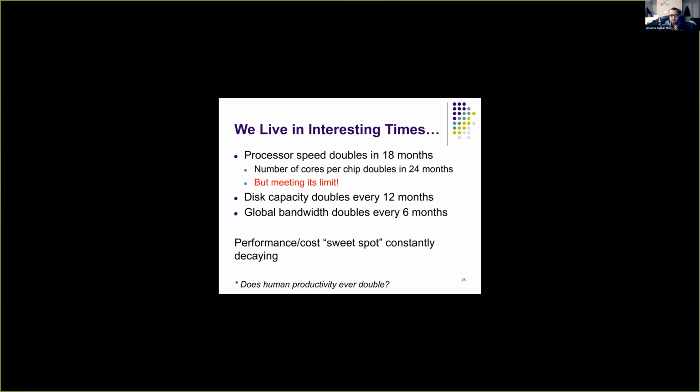And the performance and cost sweet spot is constantly moving, and the assumptions that we have on the hardware and the design goals that we had before are no more the case. Like they are changing within months time frame.